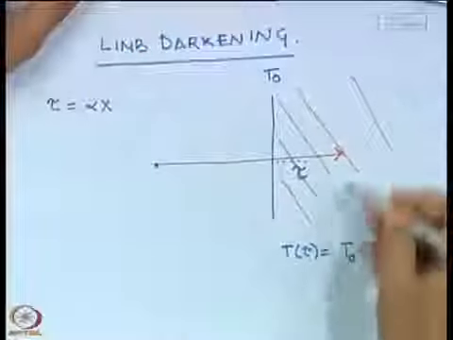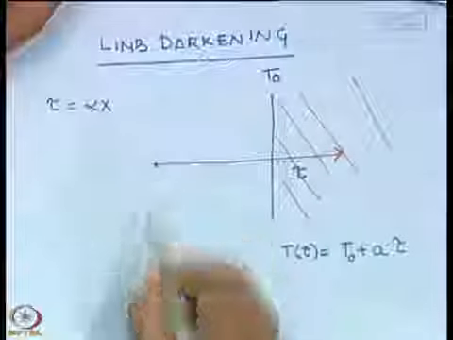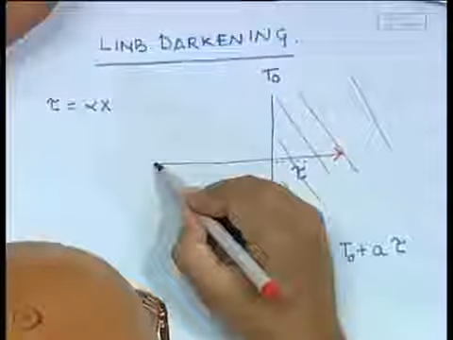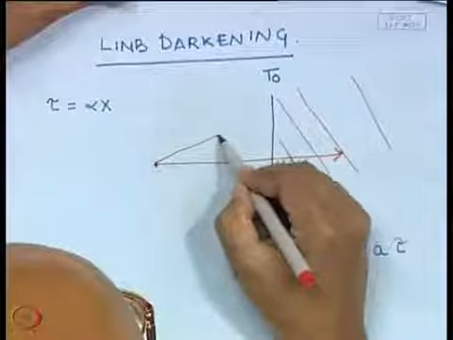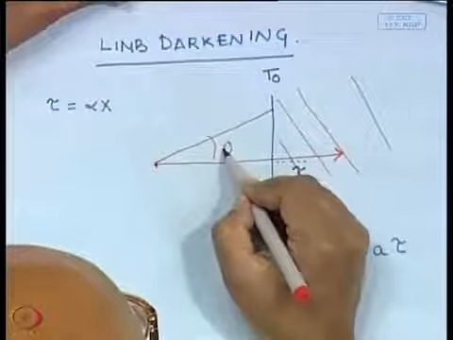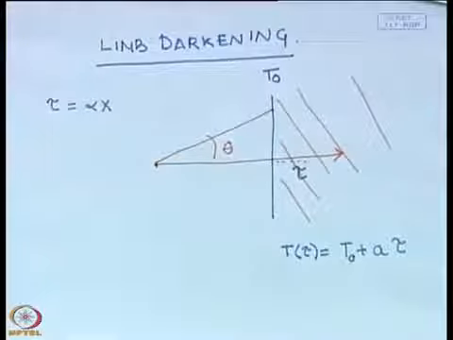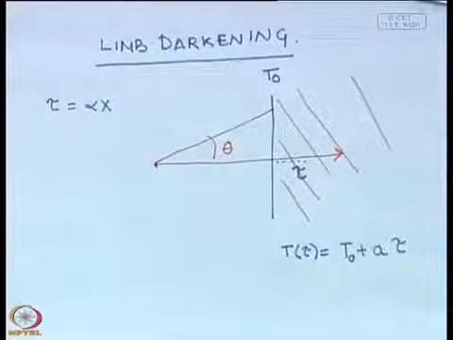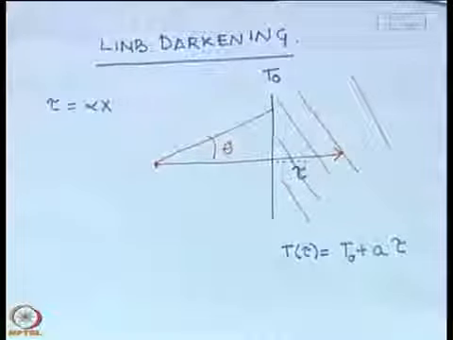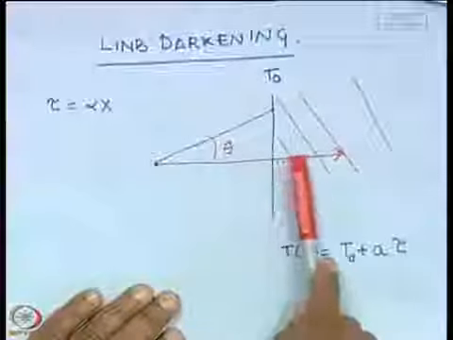Actually it is the radiation from the sun coming to the observer. So, what is the radiation received by the observer from different directions on the sun? We will call this angle theta. And this is how the temperature increases with optical depth if we go straight inside the sun.